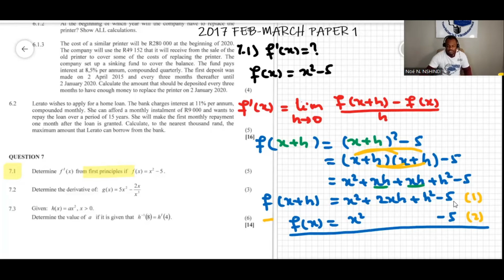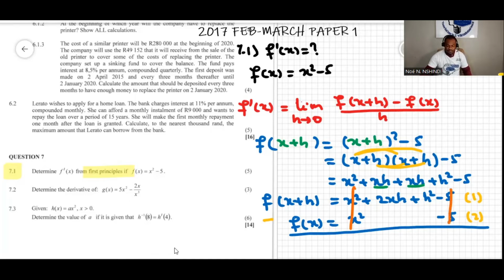Now x squared minus x squared is 0, cancel out, and negative 5 minus negative 5 makes negative 5 plus 5, which is 0.